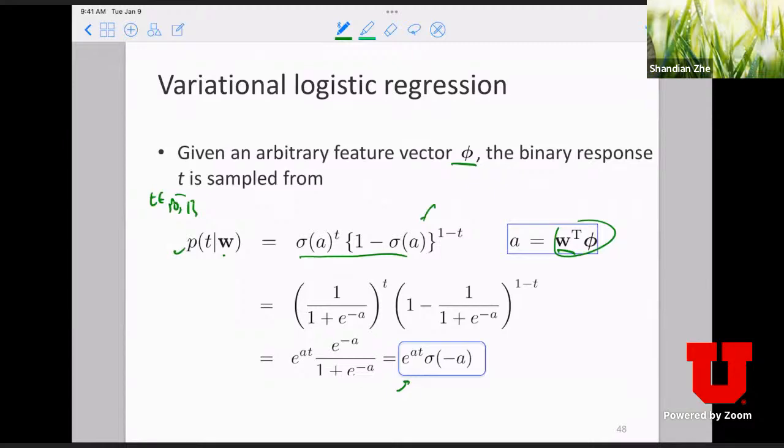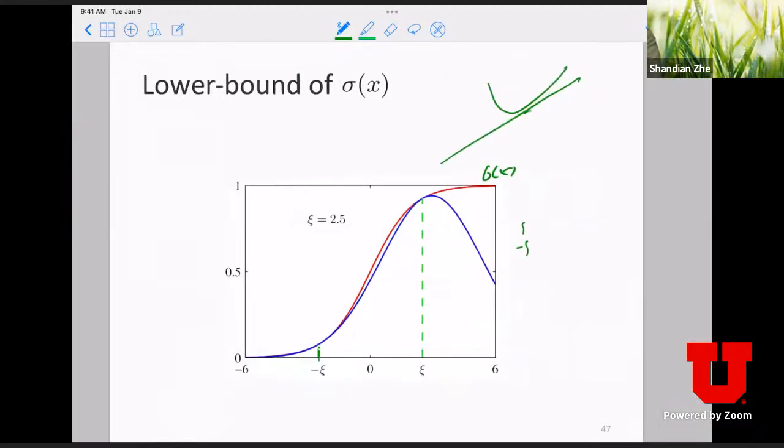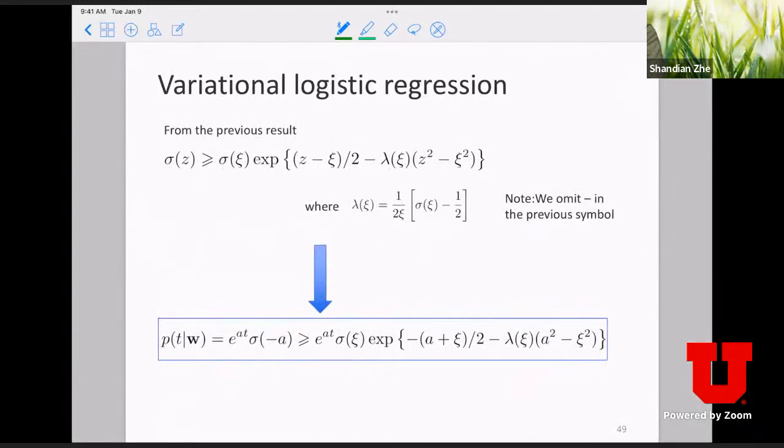And remember, we got our lower bound of the sigmoid function just a minute ago. So from the previous results, we can construct a variational lower bound of the sigmoid function for any input value z, which has this form.